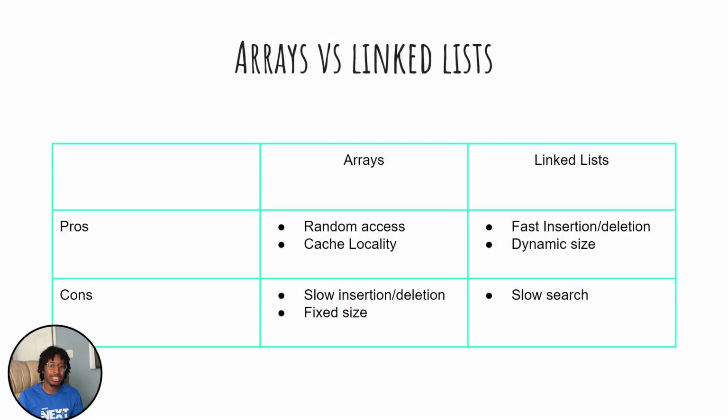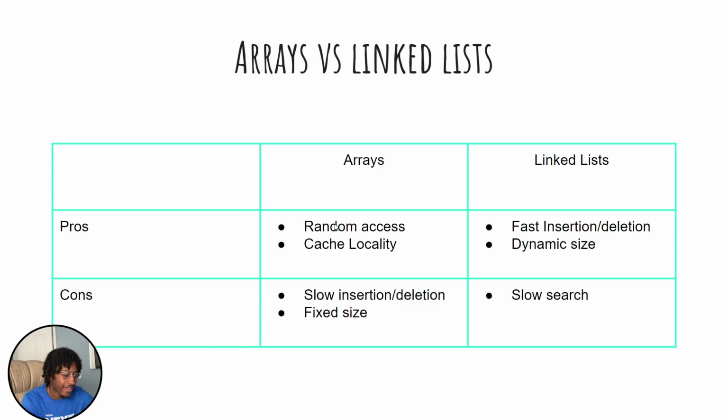Now, why would we use a linked list, right? You may be familiar with arrays. Why not use an array instead of a linked list? Well, they do have their pros and cons. We'll start with arrays, right? Arrays allow for random access. So if we know the index of an element in an array, we can just instantly get that element based on the index.